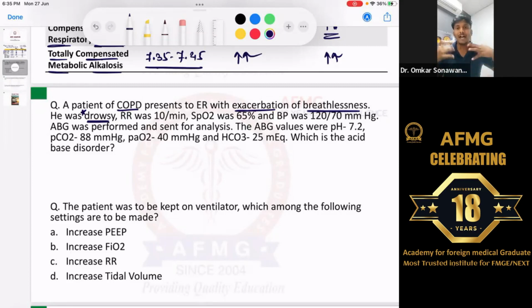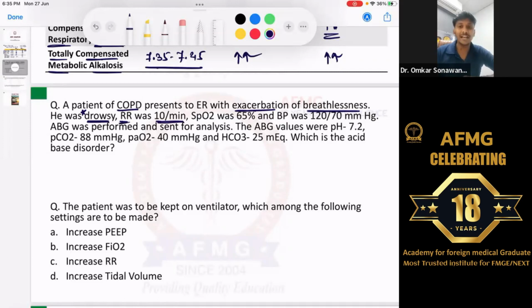If CO2 accumulates in excess inside the body, it can cause CO2 narcosis. And if the patient suffers from CO2 narcosis, the patient might have drowsiness or altered sensorium as well. Remember this. Then the respiratory rate of the patient was 10 per minute. Normal respiratory rate is usually 12 to 16 breaths per minute, or you can say 12 to 20 breaths per minute maximum. But here, the respiratory rate has gone down.